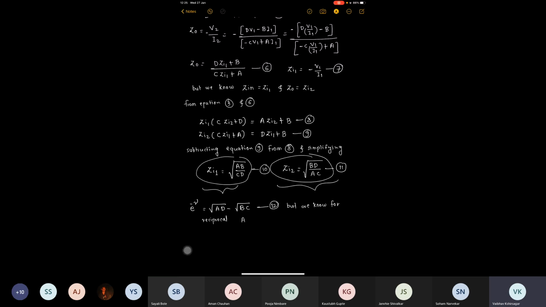Then AD minus BC is equal to 1. Therefore, the cosine hyperbolic function of the propagation constant gamma is given in terms of square root of AD. Let us call this equation number 13.